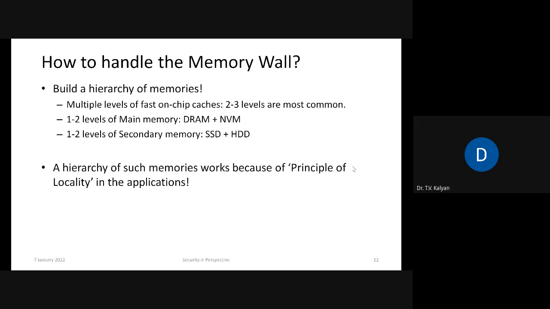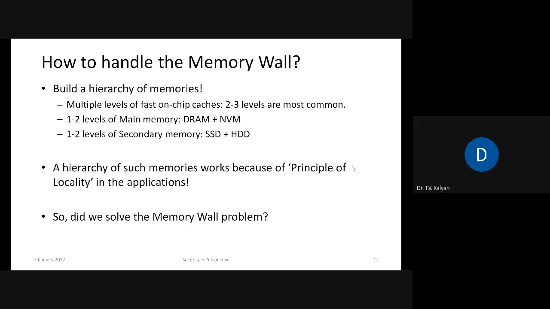And why this entire hierarchy of memories works is because the applications were exhibiting a high amount of locality, right? The principle of locality, as they call it, has two aspects to it. One is spatial locality, the other is temporal locality.